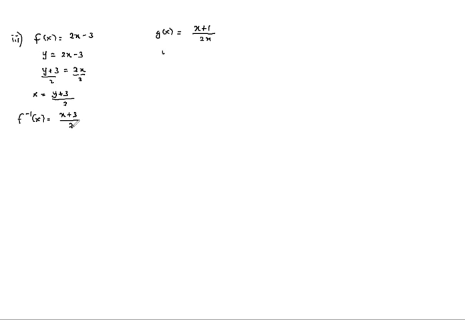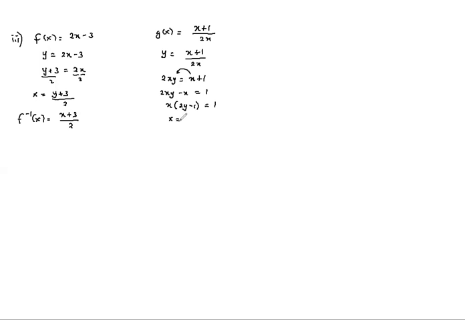Let this be that over 2x. Cross multiply again, we have 2xy is equal to x plus y. Bring this x here, we have 2xy minus x is equal to y. Factor out x, we have x(2y minus 1) is y.